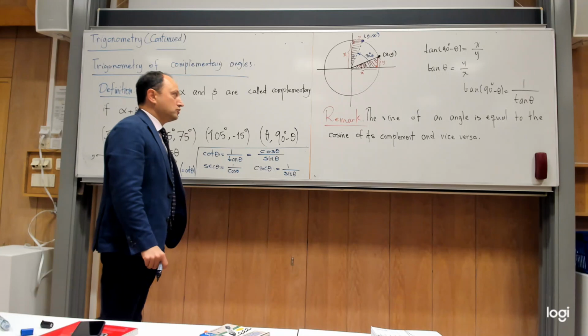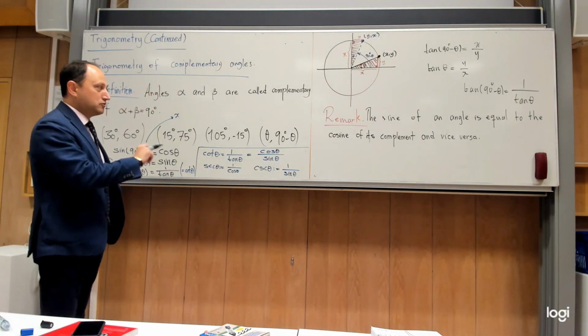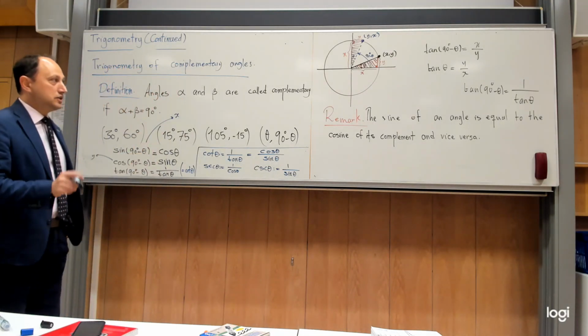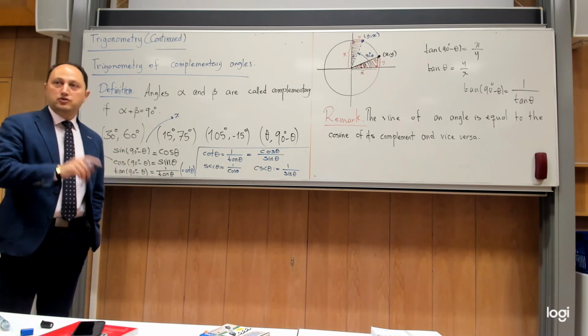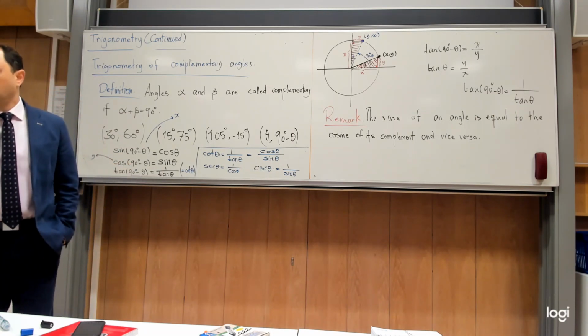It's important to remember this as a sentence, as a rule. The sine of an angle is equal to cosine of its complement and vice versa, meaning that the cosine is equal to the sine of its complement.